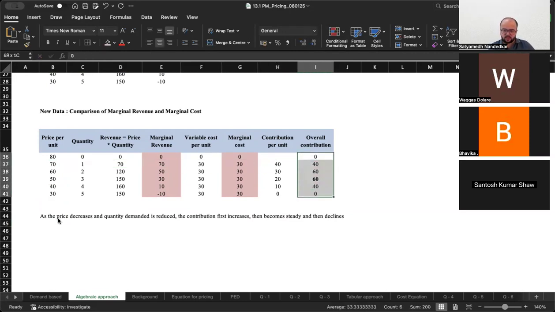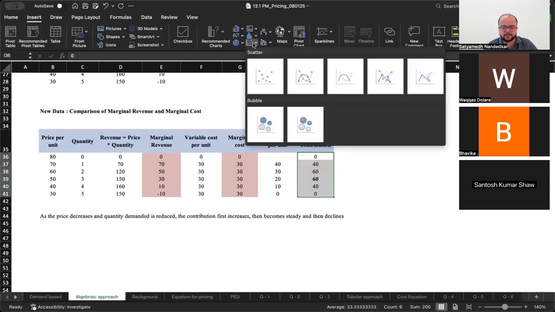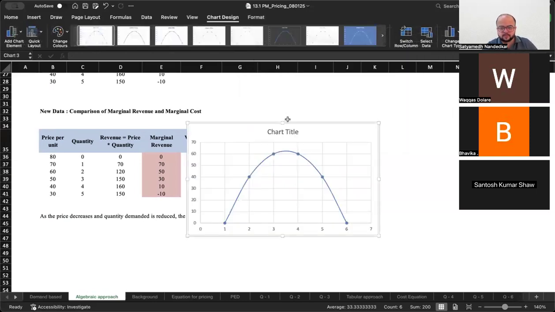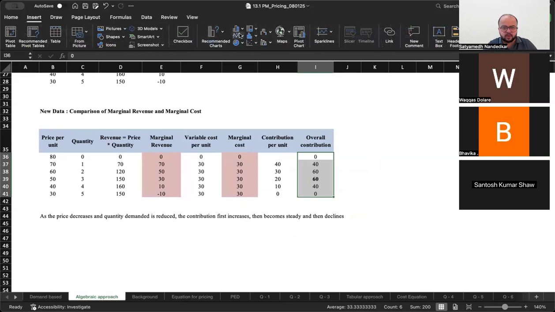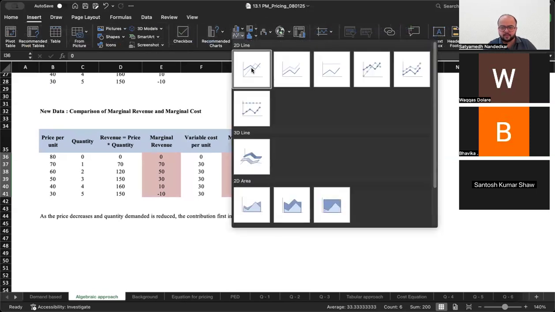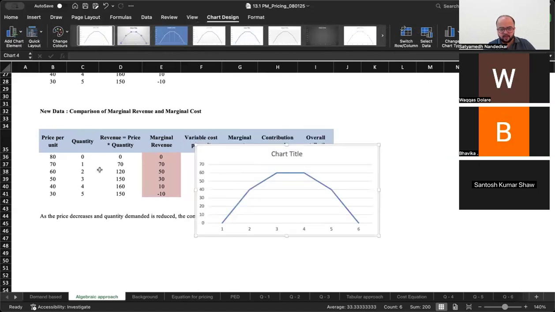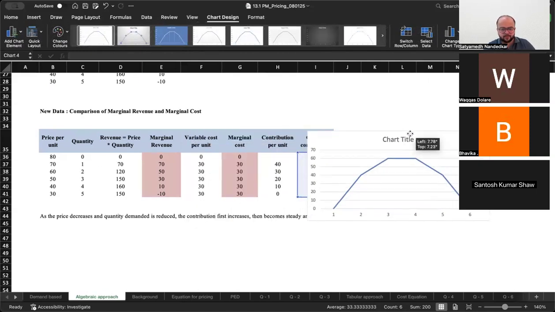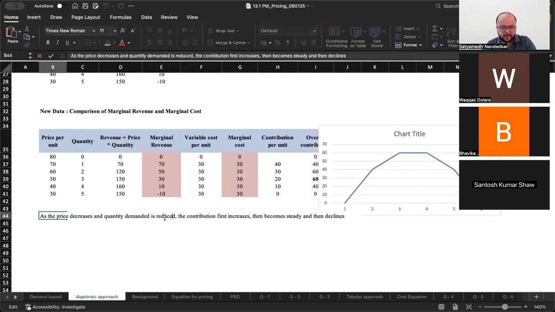If I were to just show this on a graph, see how this would look like. This is not the kind of chart I want. Well, as the price decreases, the quantity demanded increases, right? Yeah, which is happening now. But you have written as demanded is reduced. Sorry, my mistake.